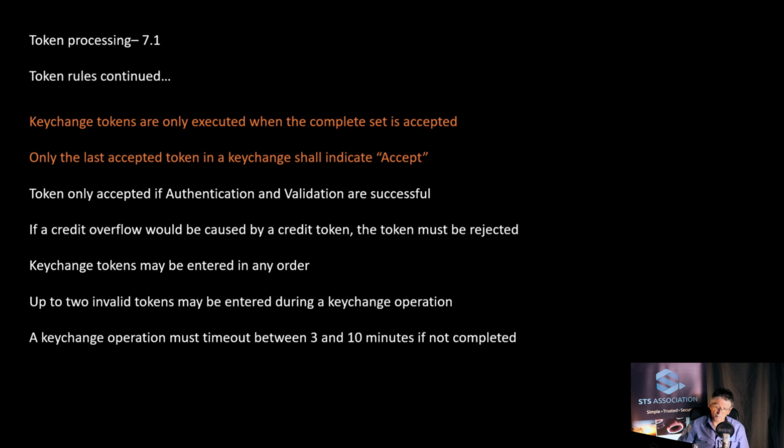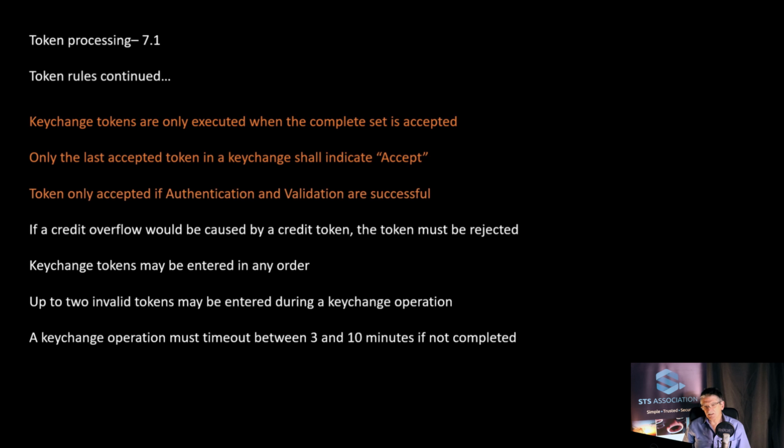The others will say first KCT or second KCT or whatever the case is. On the last one, let's assume the last one happens to be the fourth key change token for an EA11 meter, you will not display fourth KCT, you will display accept if the fourth one is the last one going in.